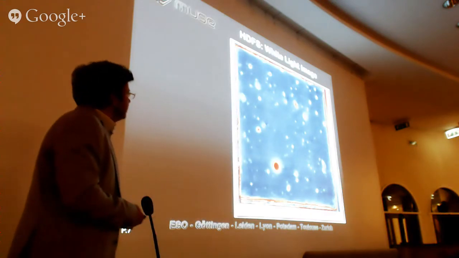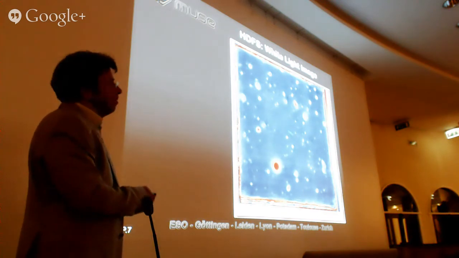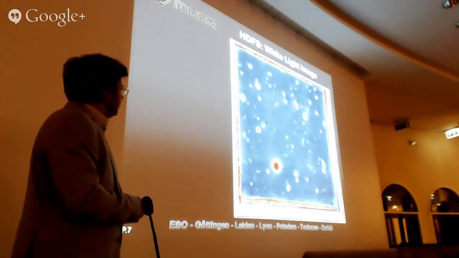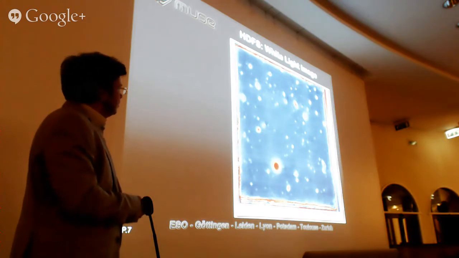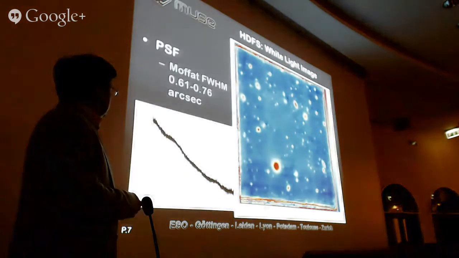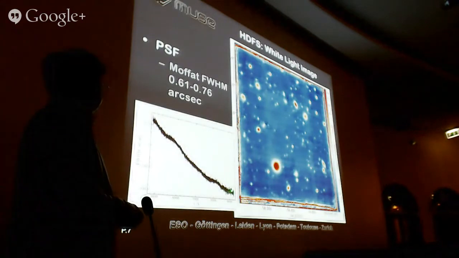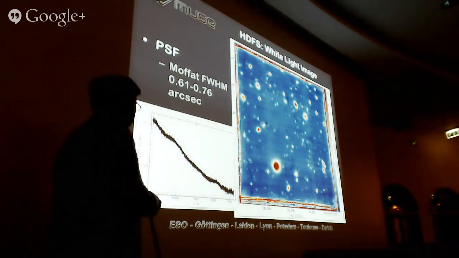Already you can see there's quite a number of galaxies that show up in this image, and you can see also that the images are very good. You can measure the image quality, and the PSF here, of course, changes a bit with wavelength, according to what is expected from the atmospheric turbulence.